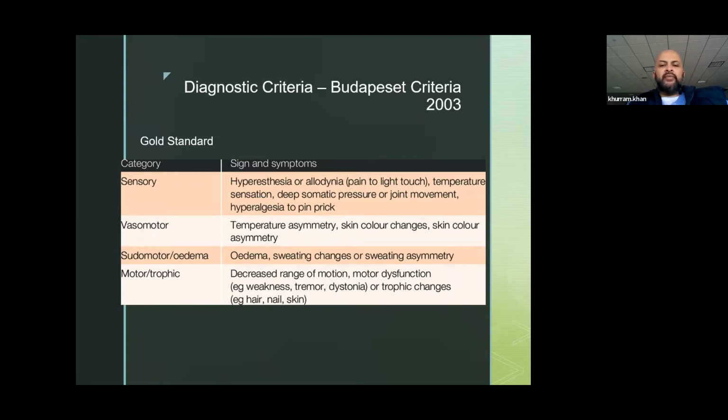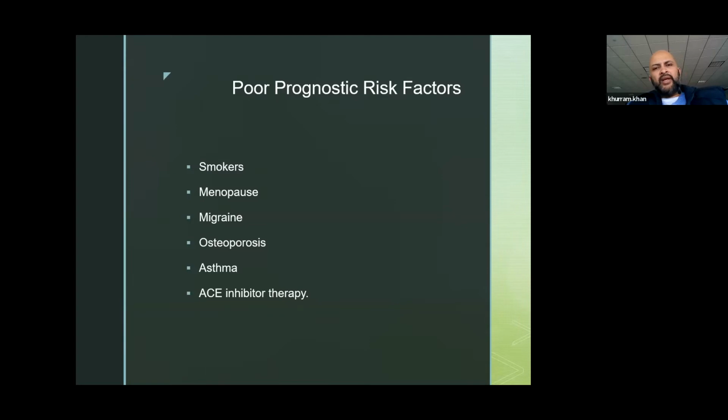And you can easily see the dystonia and tremor and weakness and the trophic changes. So a lot of things are mostly observable, and you just jot down the criteria, and that's much easier. And that's one of the main reasons that the diagnosis is frequently seen in the pain clinics.